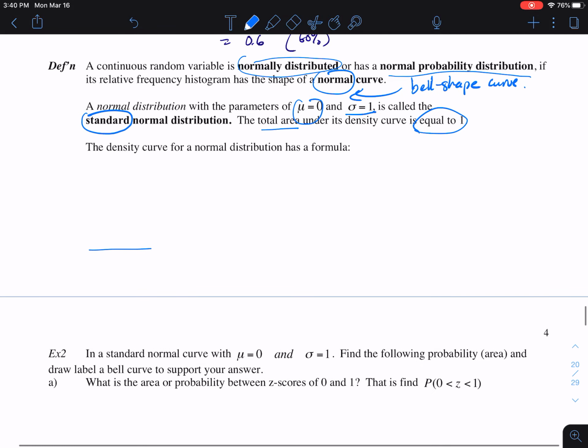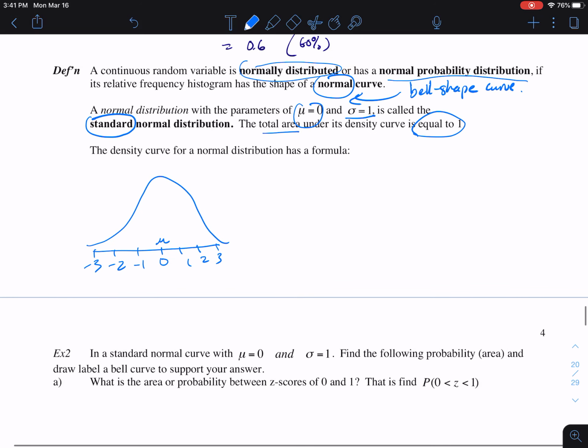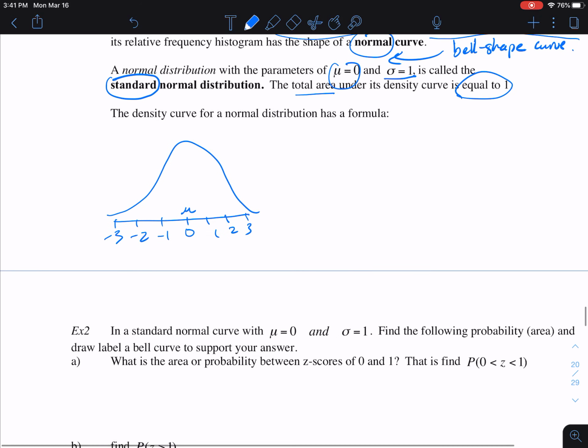And we know it's going to be a bell-shaped curve. The mean is right in the middle, so it's going to be 0. That's the mean. 1, 2, 3, and negative 1, negative 2, negative 3. These values on the horizontal axis are their z-scores, really.